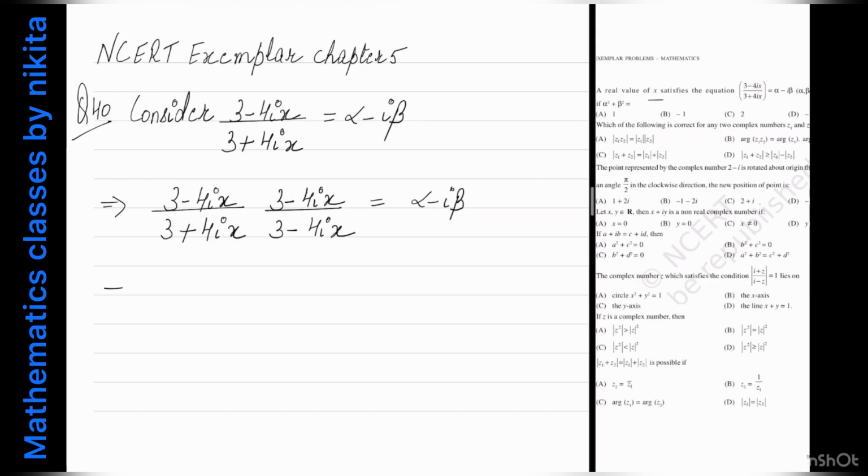And this implies that (3 minus 4ix) whole square divided by 9 plus 4 4s are 16x square equals alpha minus i beta.